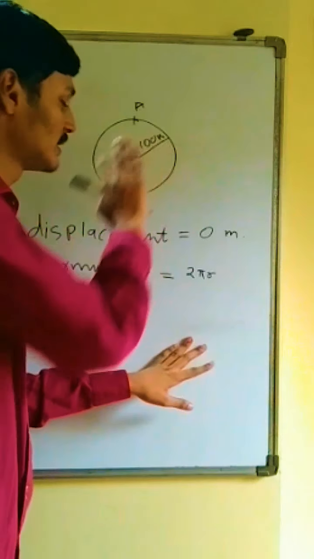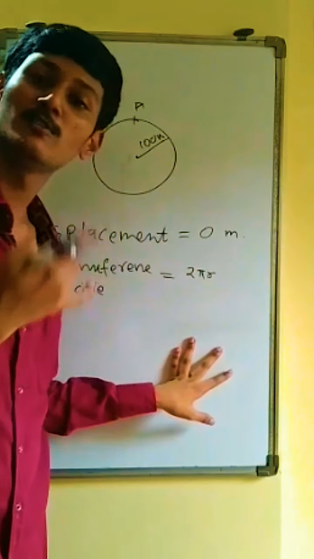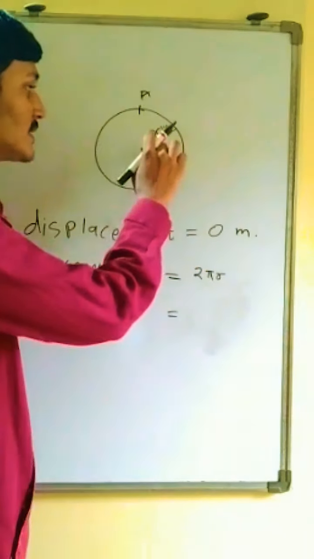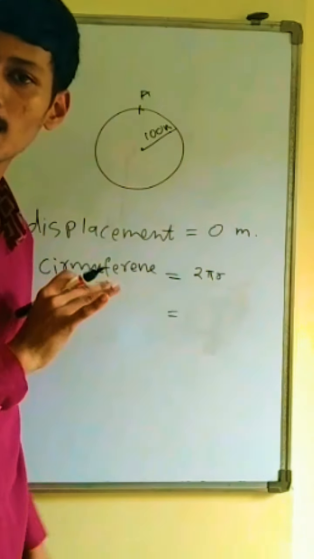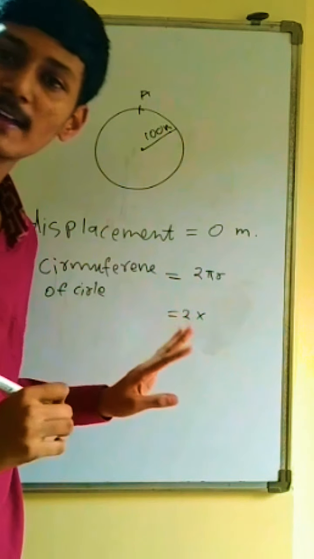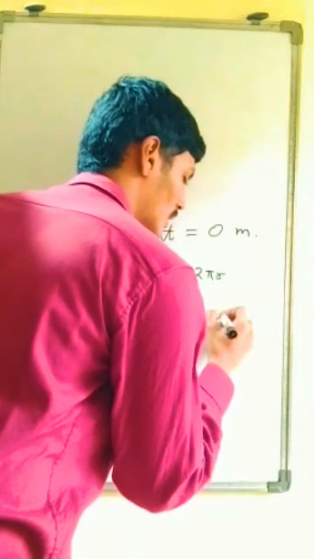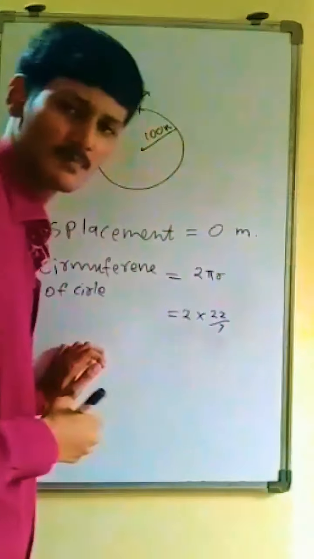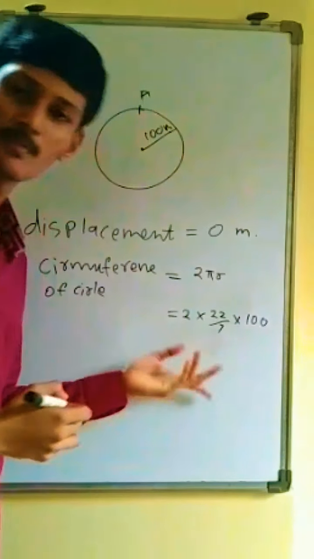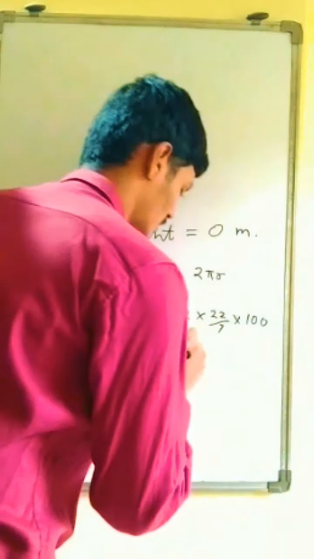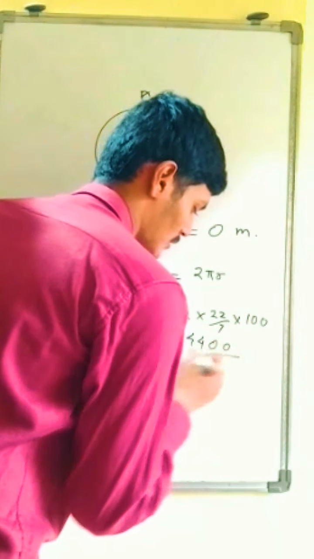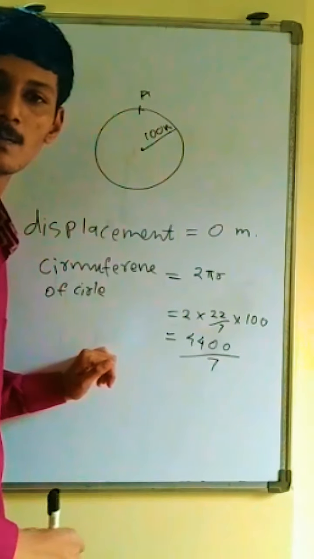We have been given the data, and we know the value of pi. What we will do is substitute in it. Now we will substitute the given values in this formula: 2 into 22 divided by 7, as we know the value of pi is 22 by 7, and the radius is given as 100 meters. Now you just have to solve it. 2 into 22, 44. Into 100, 4400 upon 7.